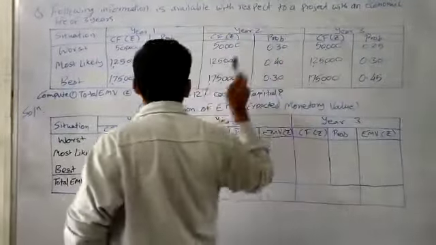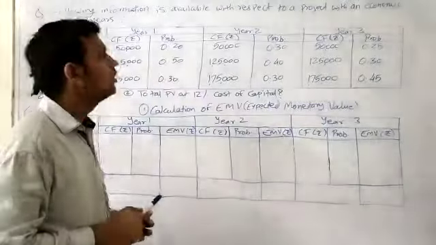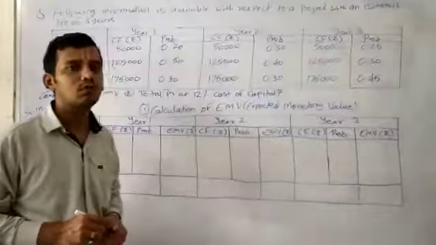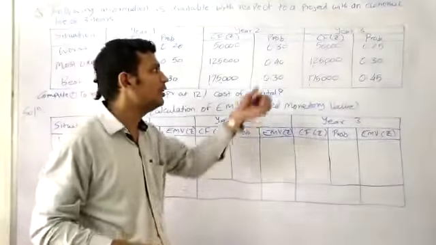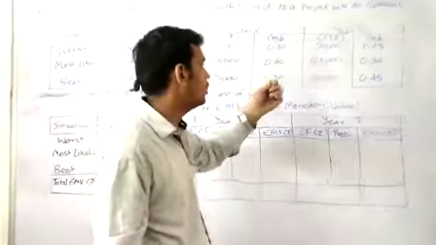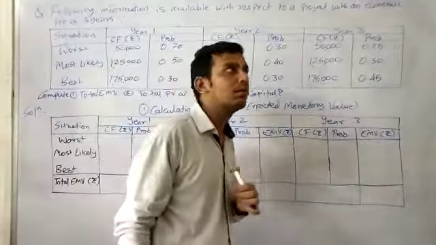For year 2, cash inflow would be similar, 50,000, 1,25,000 and 1,75,000 for the conditions respectively, whereas probability is 0.30 for worst, 0.40 for most likely and 0.30 for best.